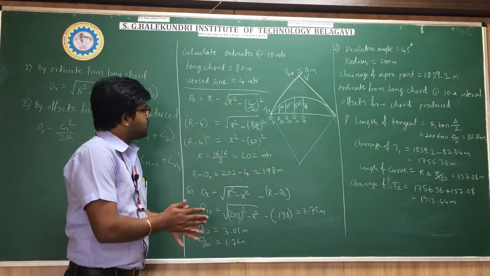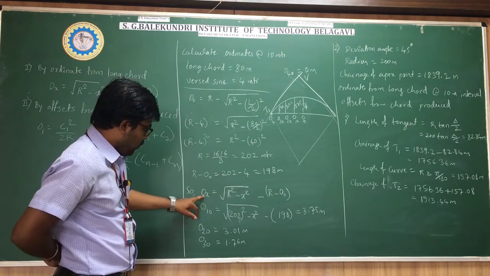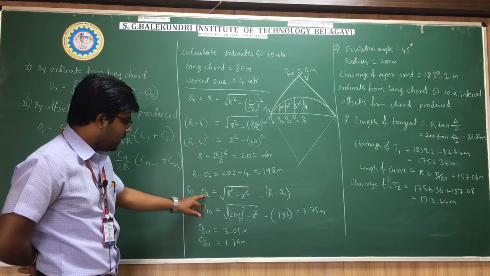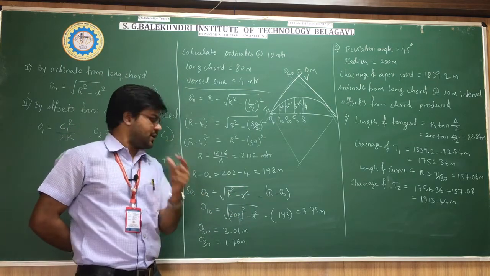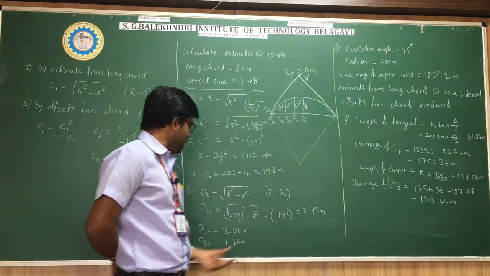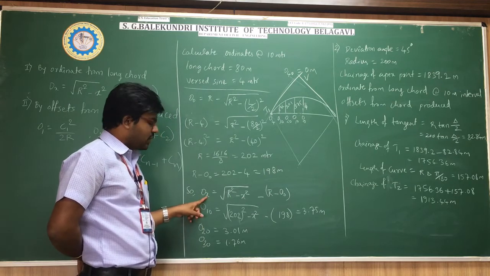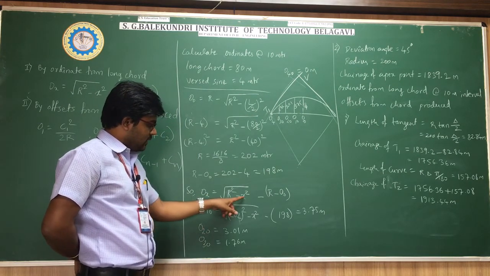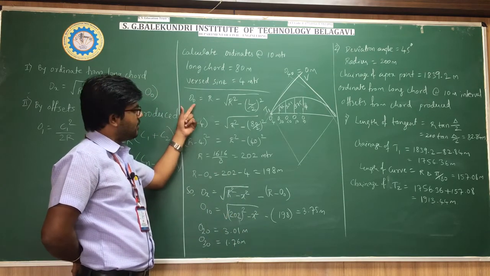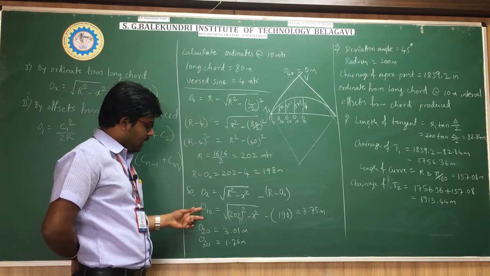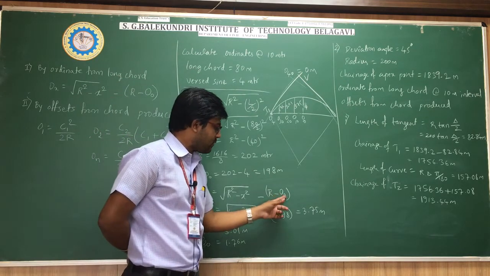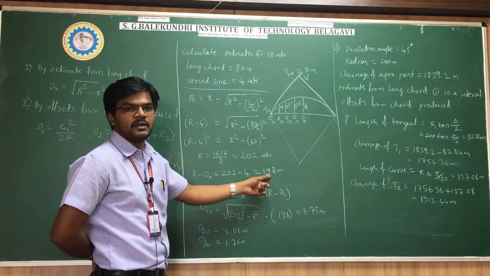Now, taking the first ordinate at a known distance of 10 meter, put the x value as 10, and the r value we have already calculated by the previous formula. So O10 is equal to root of r square minus x square minus (r minus O naught), where r minus O naught is 198 meter.